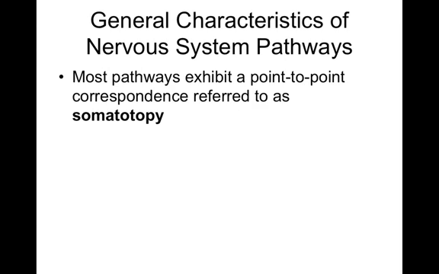Now, most of these pathways exhibit point-to-point correspondence, which we call somatotopy. Going back to our chapter on the central nervous system, we talked about how in the primary somatosensory cortex, which is the postcentral gyrus, or the primary motor cortex, which is the precentral gyrus, there was a homunculus man.